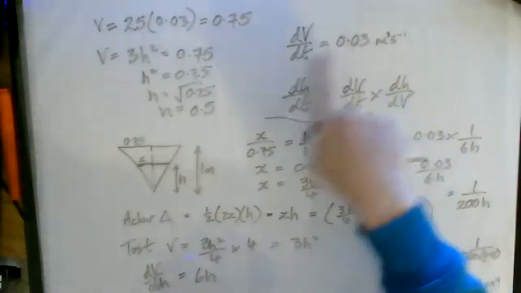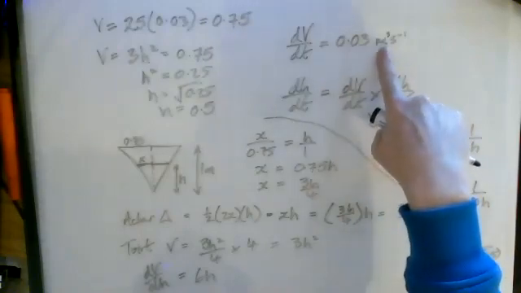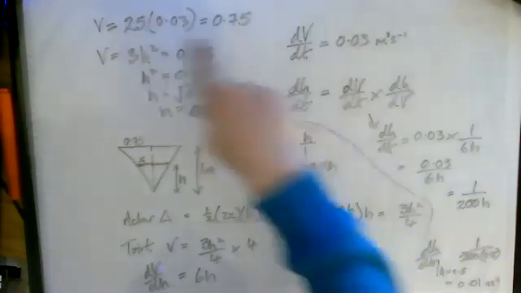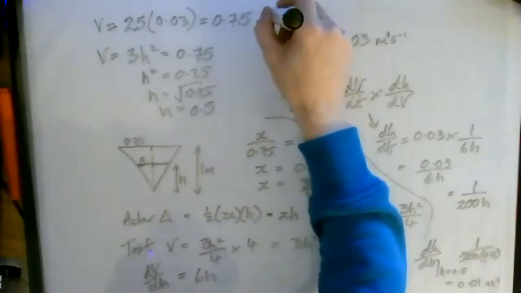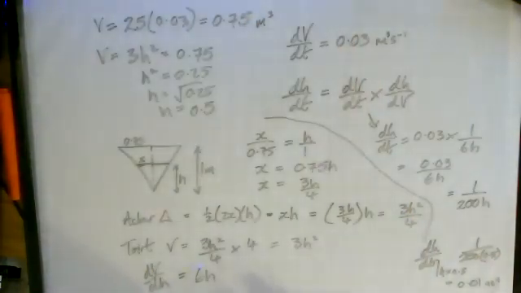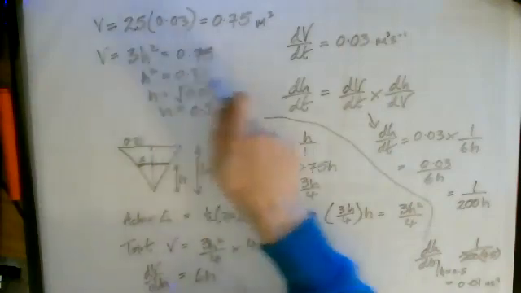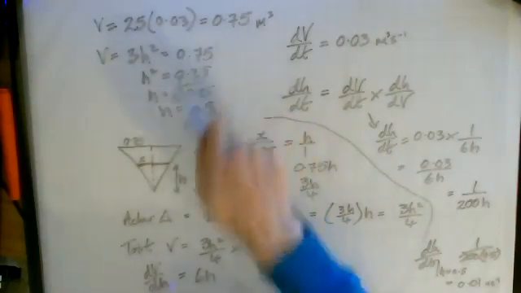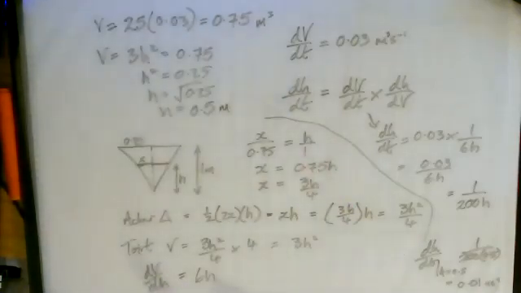Each second 0.03 meters cubed of volume goes into the trough, so after 25 seconds it's 0.75 meters cubed of volume in the trough. Obviously the volume equals 3h squared, so it equals 0.75, and then h is 0.5 meters.